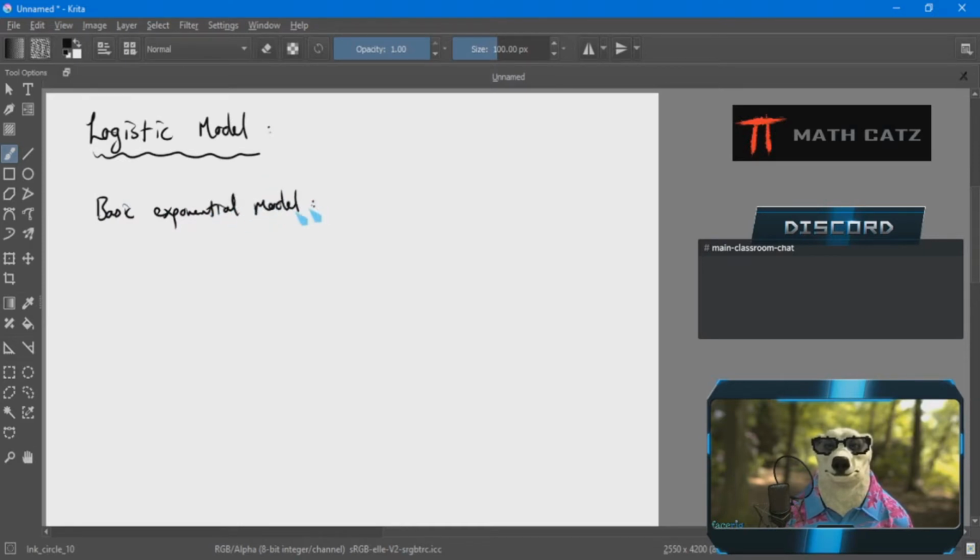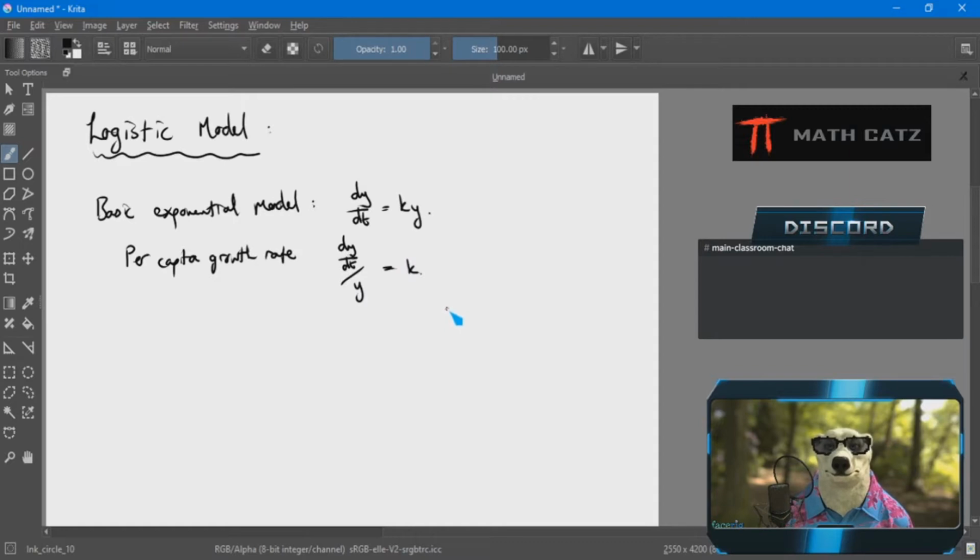model says that the growth rate is proportional to the population size at that time. The per capita growth rate is the growth rate per person.